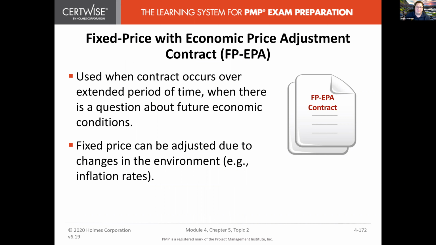Well, there were a lot of companies that locked in, let's say UPS would lock into a contract with a fuel supplier for several years. Well, that contract would have an economic price adjustment. And when gas prices skyrocketed, UPS wasn't on the hook for the skyrocketing price, but they were paying more based on the contract because of that economic price adjustment. There usually is a cap to how high that adjustment can go.